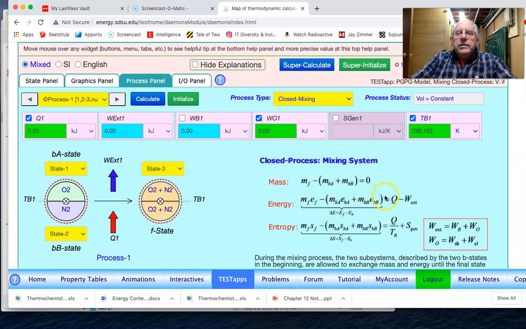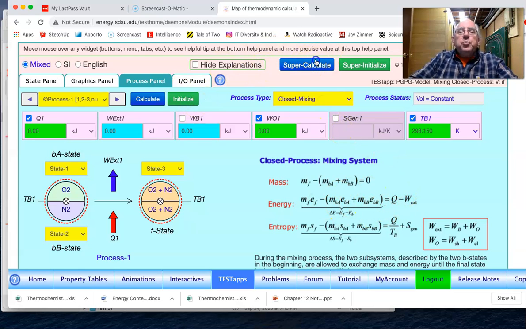It's this term right here, which is the conservation of energy: the stored energy times the mass of A, plus the stored energy times the mass of B, is equal to the stored energy of the final mixture times the mass of the final mixture. No heat transfer and no work. That is our conservation of energy.